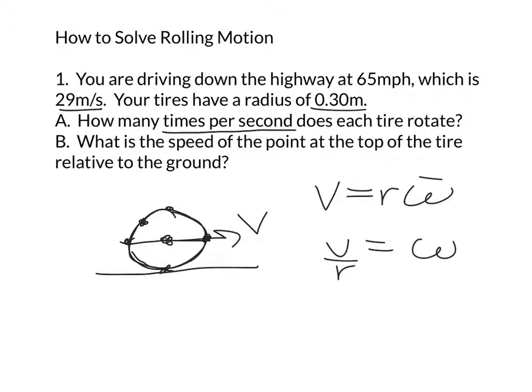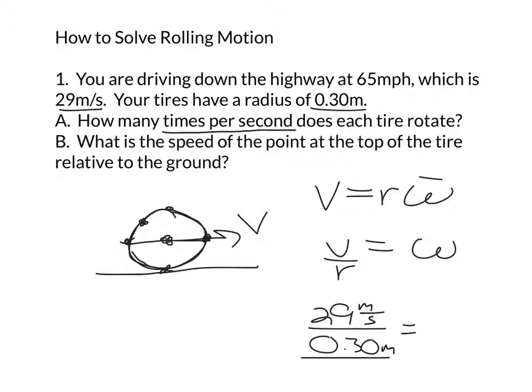We have a linear velocity of 29 meters per second, divided by a radius of 0.30 meters. And because that radius is also 1 radian, we will get our answer in radians per second. That's how this works. So, let's plug this in the old calculator.